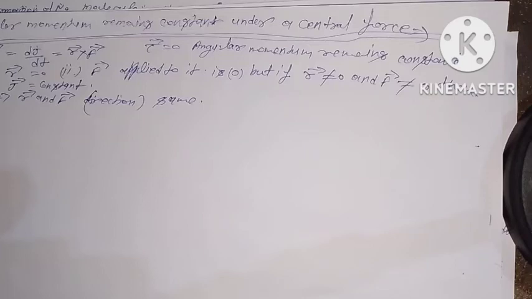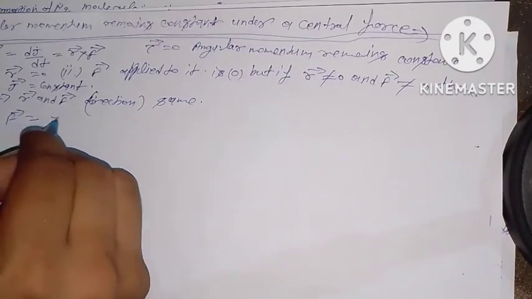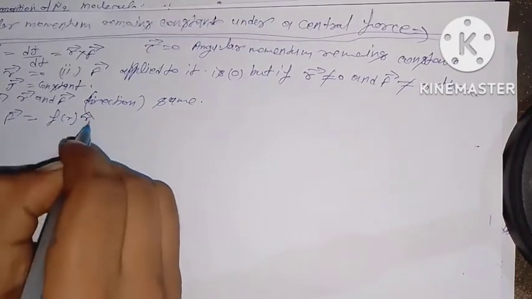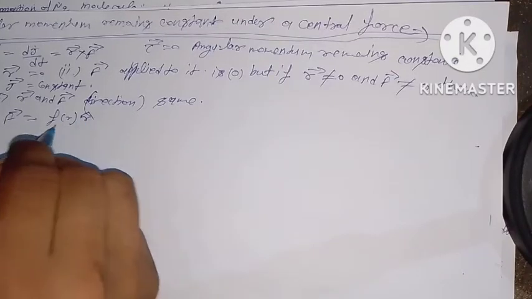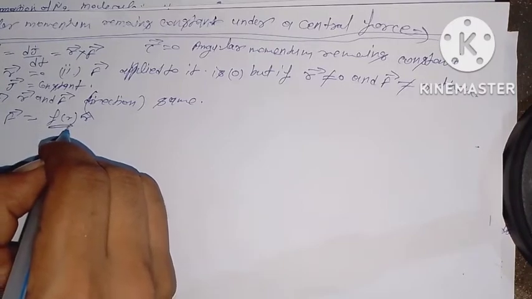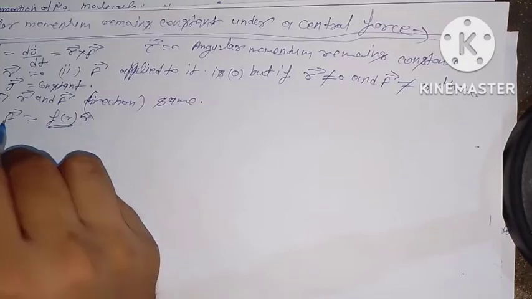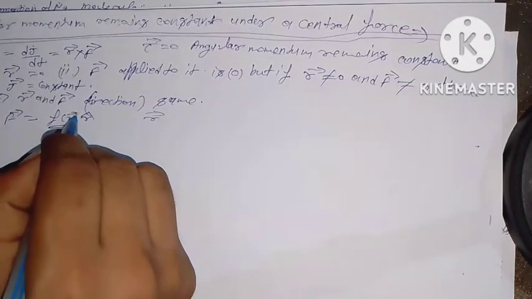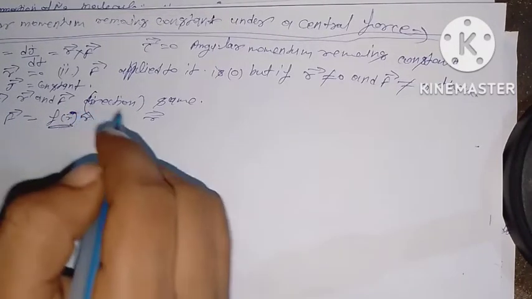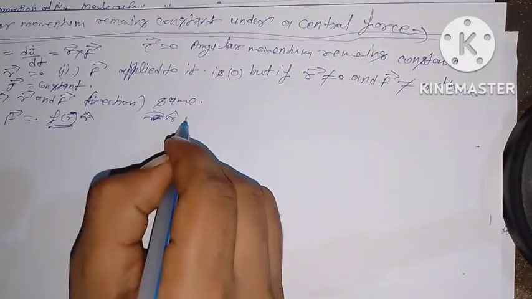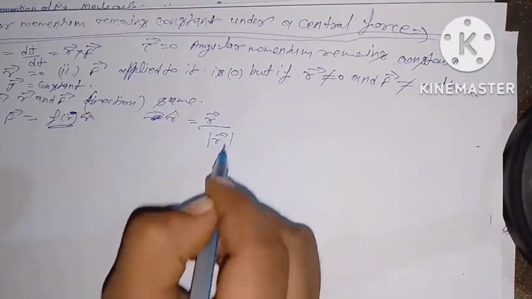Such a force can be represented as vector F equal to F(r) unit vector r, where F(r) is some scalar function of the distance, and this is a unit vector along vector r, given by unit vector r equal to vector r upon mod of vector r.